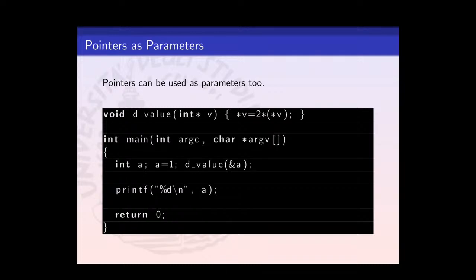So we were not able to change the content of what we are passing as a parameter to the function. But at this point, by using both arrays and pointers, we are able to do it. Because instead of passing the value of a specific data type, so for instance a variable, we may pass the pointer to that data type. And that way, we are not only able to read the content of the variable, but we are also able to change it. Is it clear? Great.